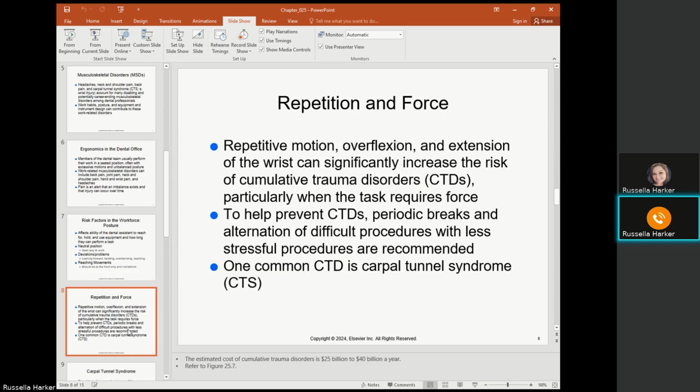And what they mean by that is typically in the dental office, when we schedule procedures, we'll schedule a harder procedure followed by an easier procedure. So say you may have a bridge scheduled. You do the bridge prep in one appointment, and then at the next appointment, you might have a smaller filling.